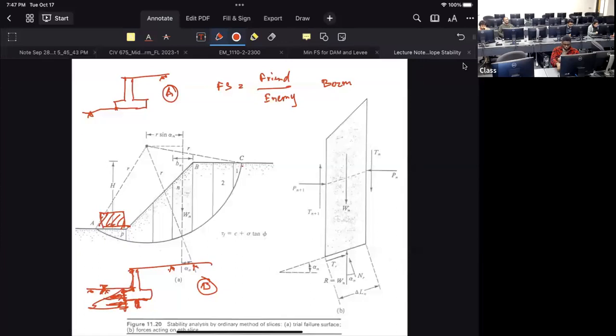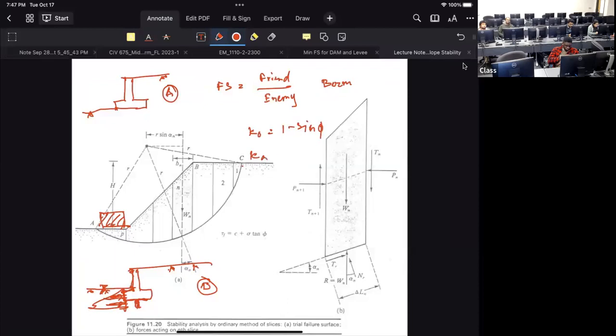That factor is almost 5 to 6 times higher than the active pressure. The formula for K naught is 1 minus sine phi.